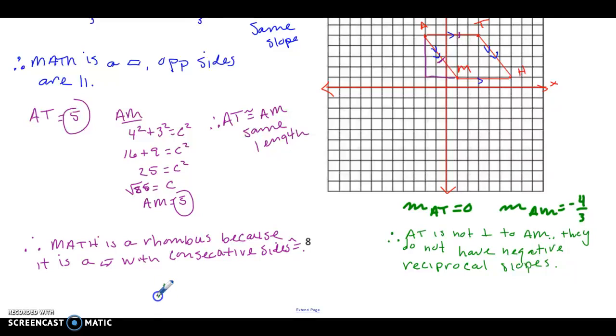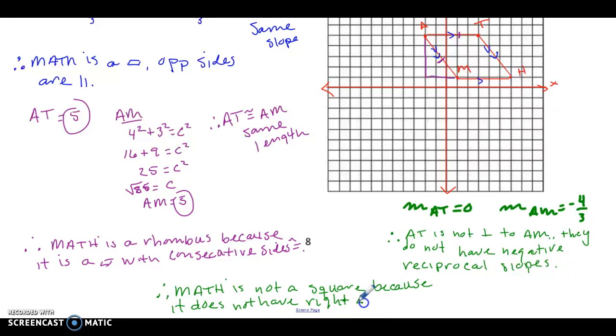Our last conclusion, MATH is not a square because it does not have right angles. And that's it.